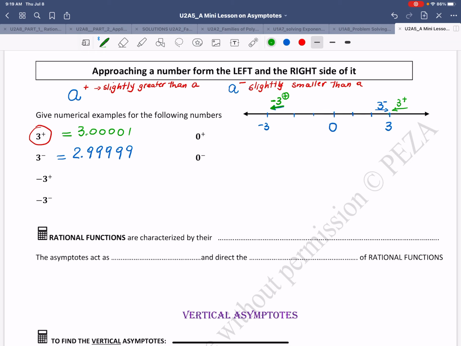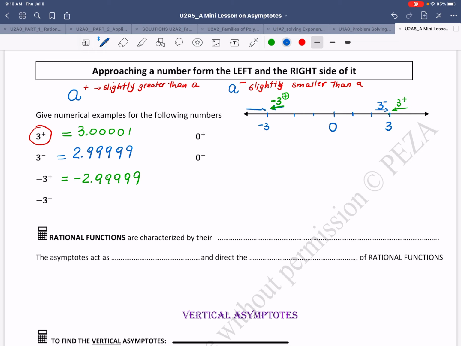So that's why the plus is in there. So as you can see in here, if you were to choose a number to the right of negative 3, then you would say an example would be negative 2.99999. So always try to visualize things, not memorize them.